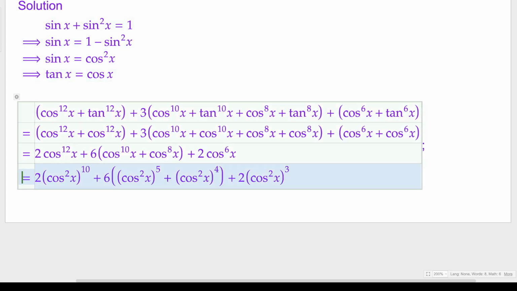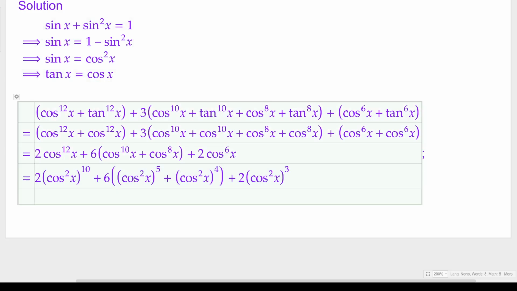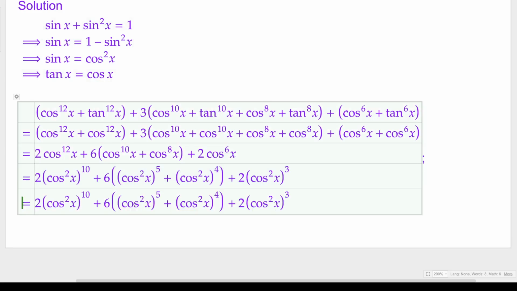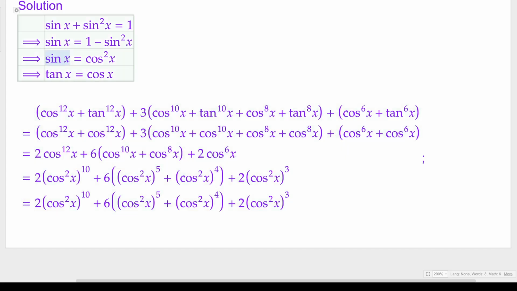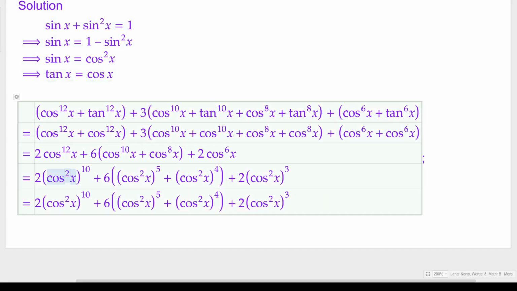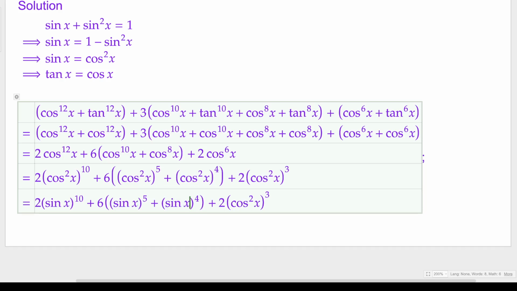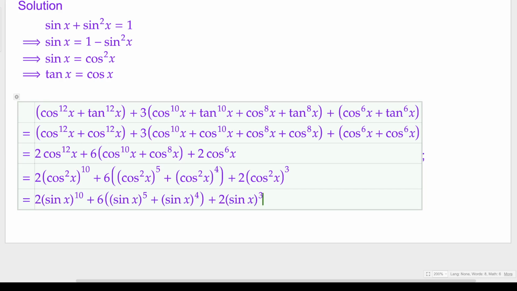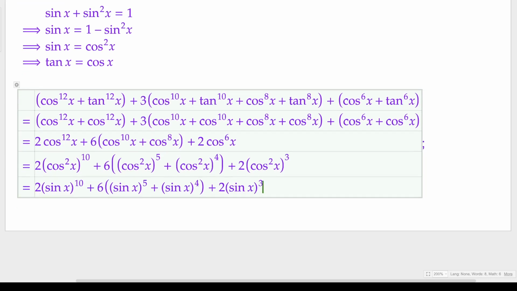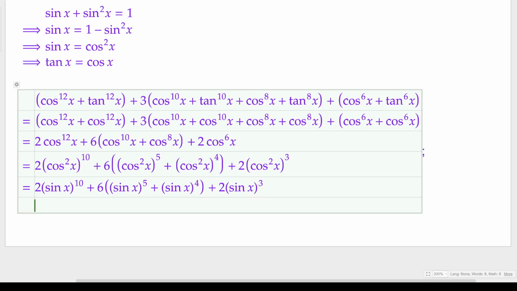Now copy this, and in the next step, wherever cos x square is there, I'll replace all of this by sin x. This one I'll replace by sin. Again for this one, sin x power 4. This one will be sin x cubed, right? Once it is done, now we can observe this part.